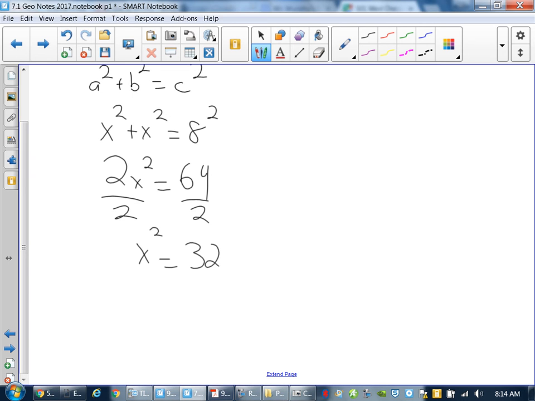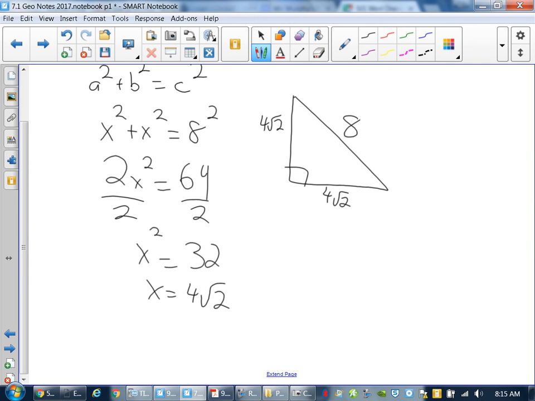Square root. When I square root that, what do you get? You have 4 root 2, correct? So that means the two other side lengths are 4 root 2, 4 root 2, and 8.